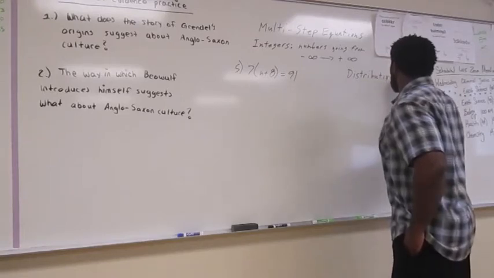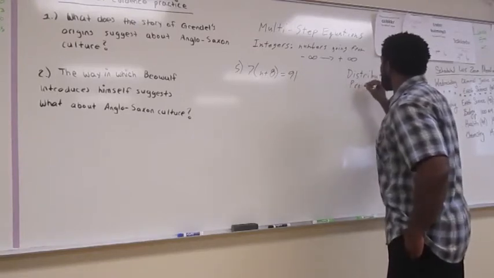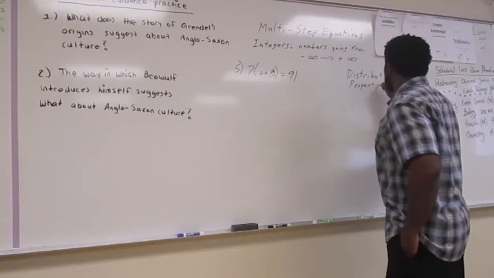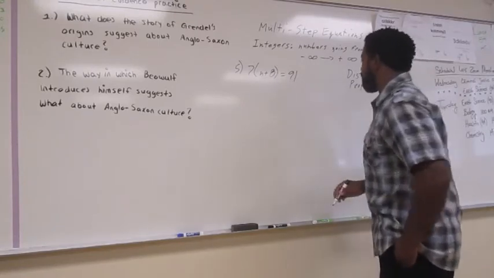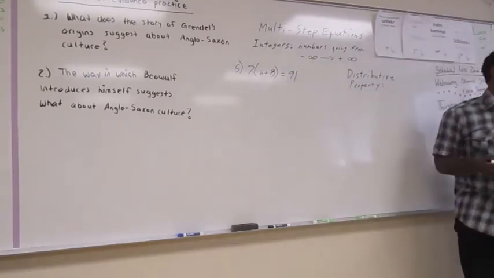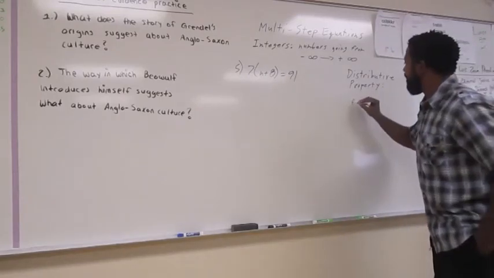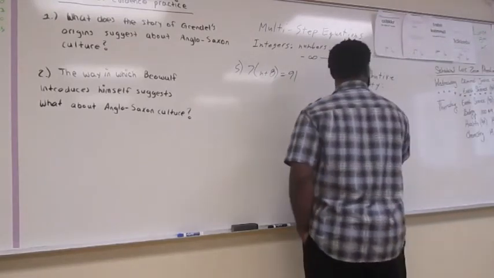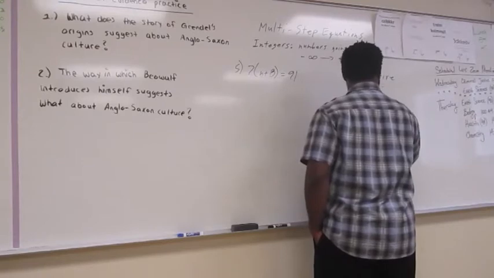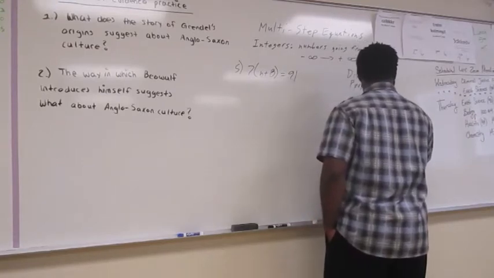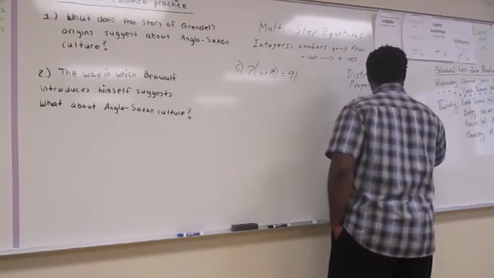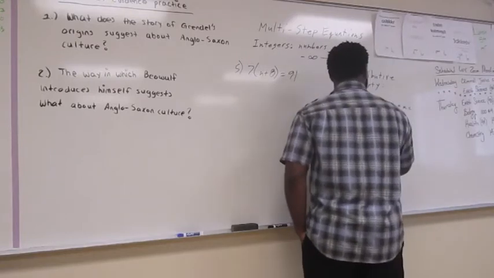Distributive property. The distributive property states A, parentheses, B plus C is equal to AB plus AC.